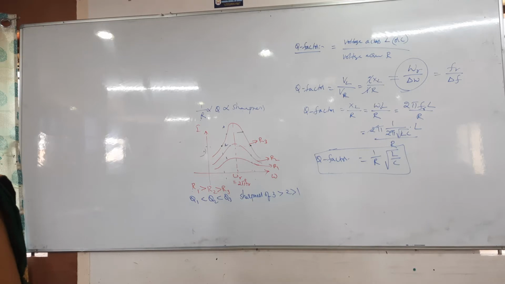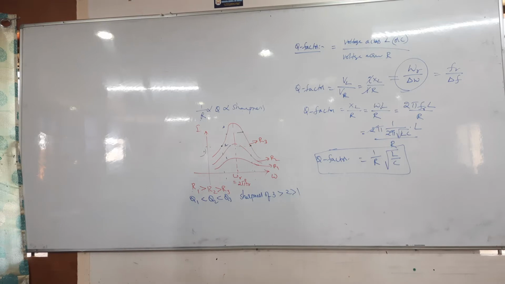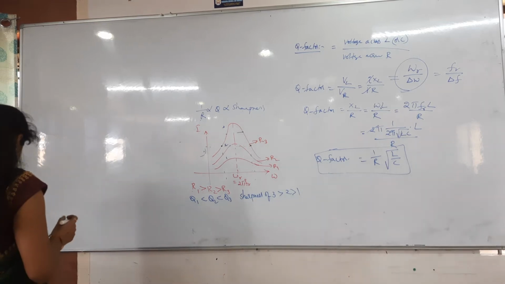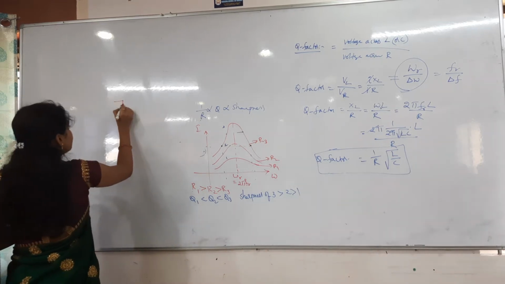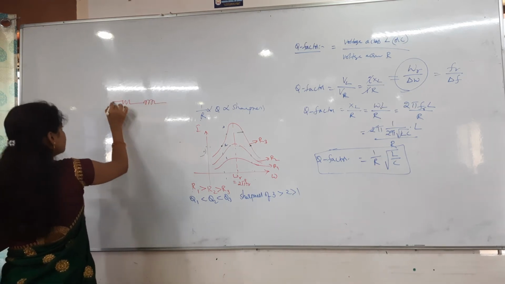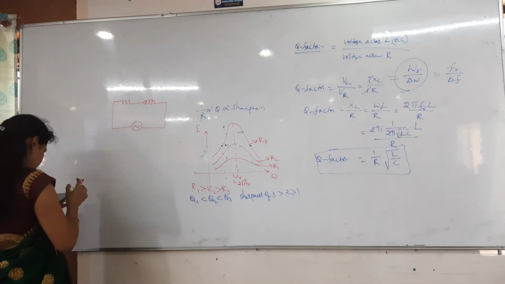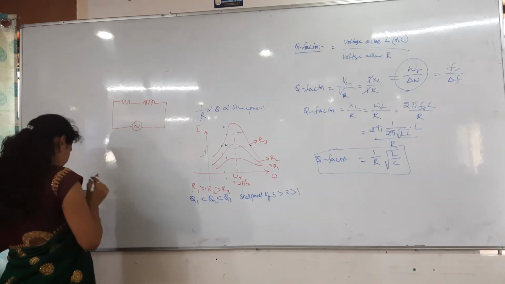RC circuit, last problem, RC circuit. RC 50 ohms, 40 ohms. Next, write a problem. In the given circuit, calculate the voltage across the inductor.